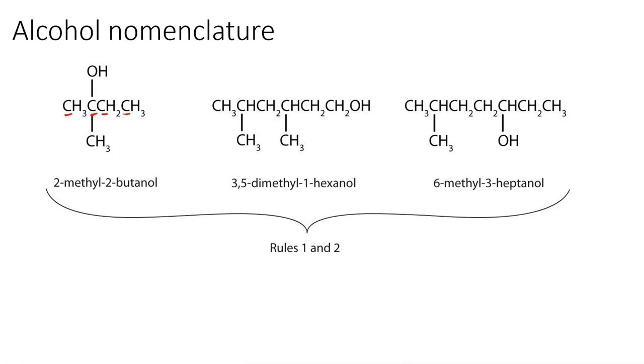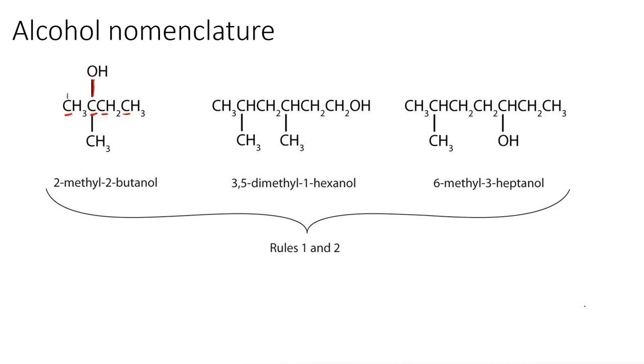So this is the longest chain, and we can number it however we want. But we also have to make sure that when we're counting the longest chain, our functional group, our alcohol, has to be associated with that longest chain. Number one, we have the longest chain. And the second rule is that we want that functional group to have the lowest number. So it's attached to the lowest numbered carbon.